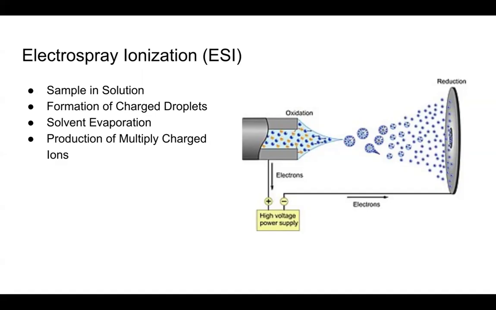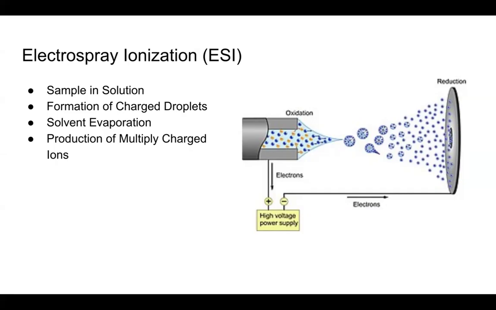And then the solvent would evaporate, as the droplets travel through a desolvation chamber or heated gas, the solvent would heat up and then evaporate, and the droplets get progressively smaller. So this process continues until only the charged analyte ions are left inside the chamber.